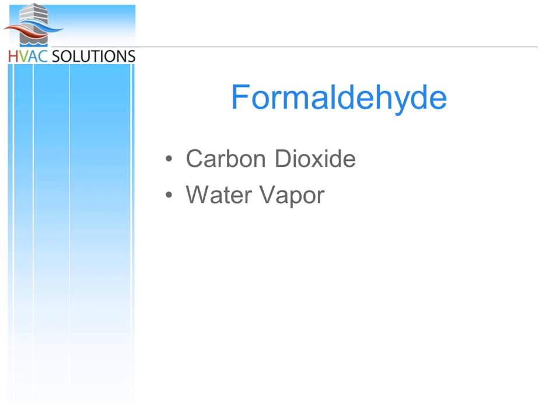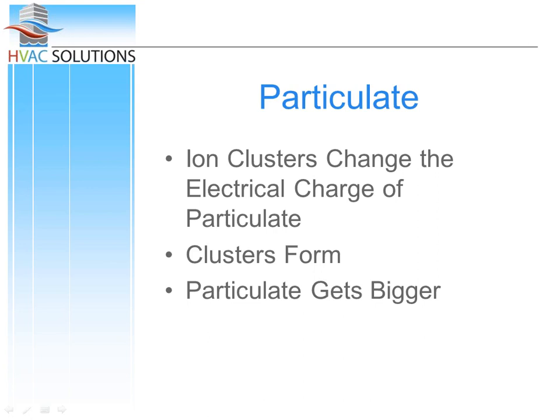Here's another example without the cartoons. Formaldehyde goes through that plasma field, and that formaldehyde will turn into carbon dioxide and water vapor. Particulate. Now, here's the other benefit to this product. While we can't kill particulate because they're not alive to start with, what we are able to do is change the electrical charge of the particulate, which means they attract to each other and then they get bigger.